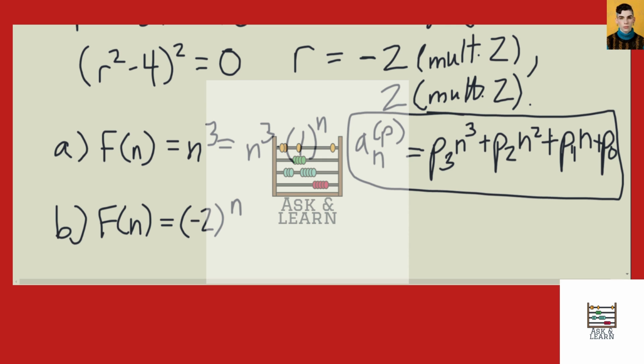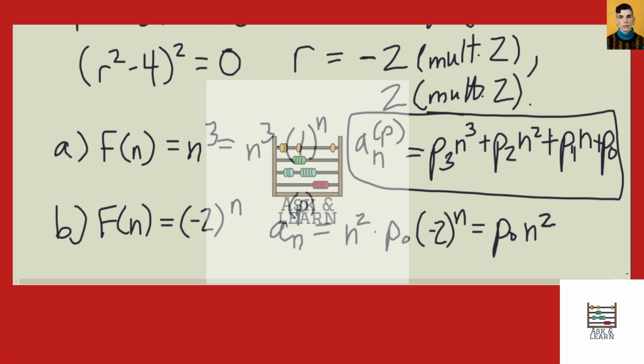So we have that the general form for the particular solution is: well, first of all, since -2 has multiplicity 2, we have n^2 times, and we have that 1 is a polynomial of degree 0, so this is p0 times (-2)^n, which can be written as p0 n^2 (-2)^n.